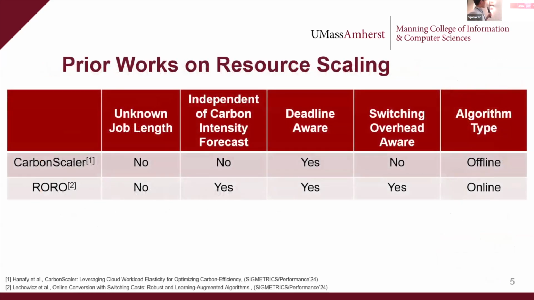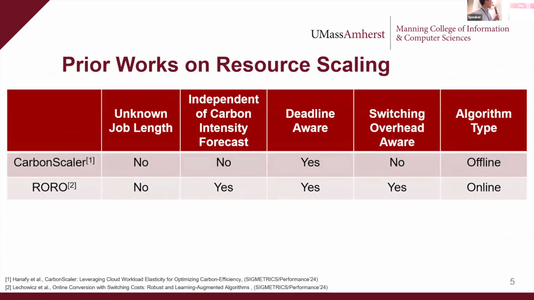Just a brief overview of some existing work. The first work in this first row, CarbonScaler, proposed by Hanafi et al., is an offline algorithm. It will assign resources, but it needs to know the job length, and it also needs a forecast of the carbon intensity over the time period.